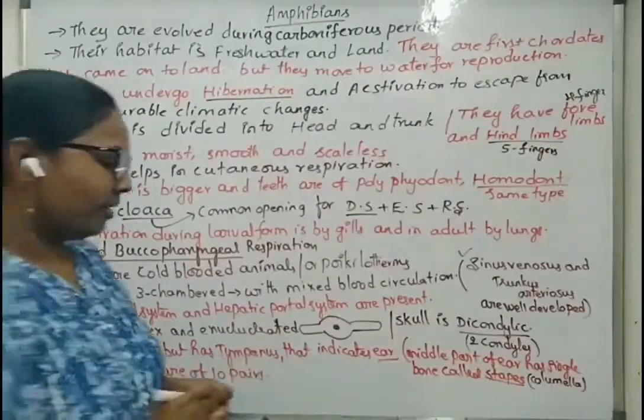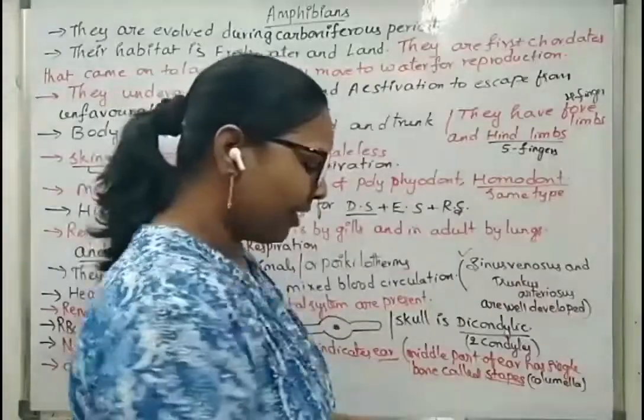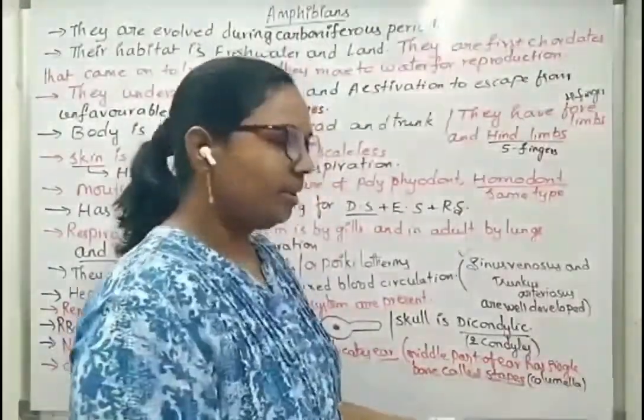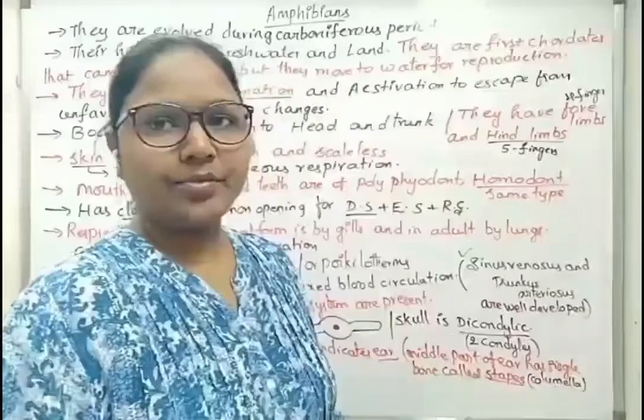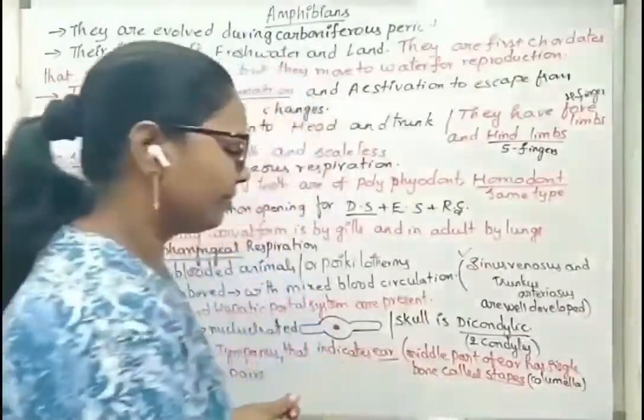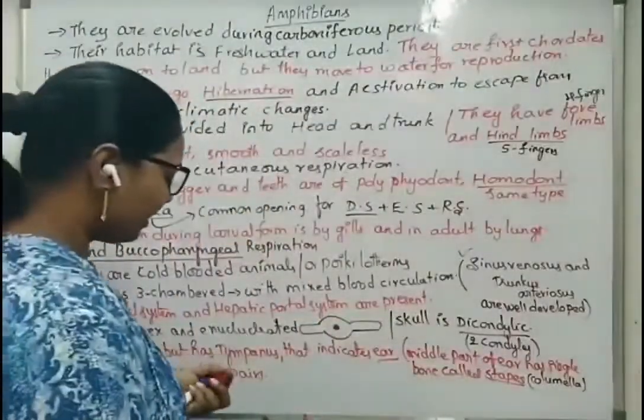Next, fertilization in case of amphibians is external fertilization. And the larval form we see is the tadpole larva.